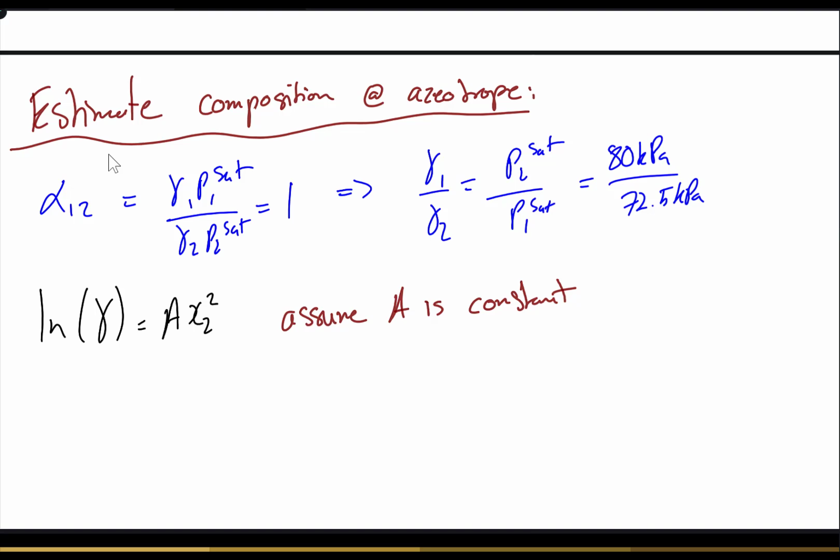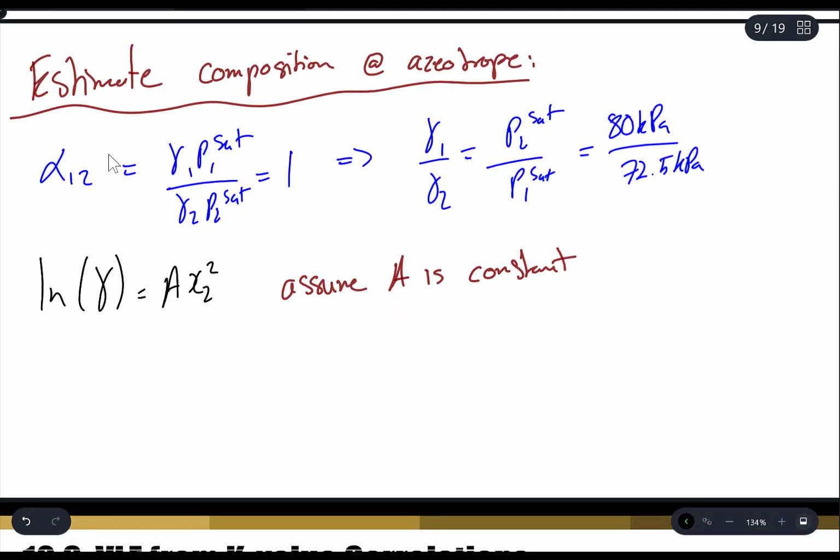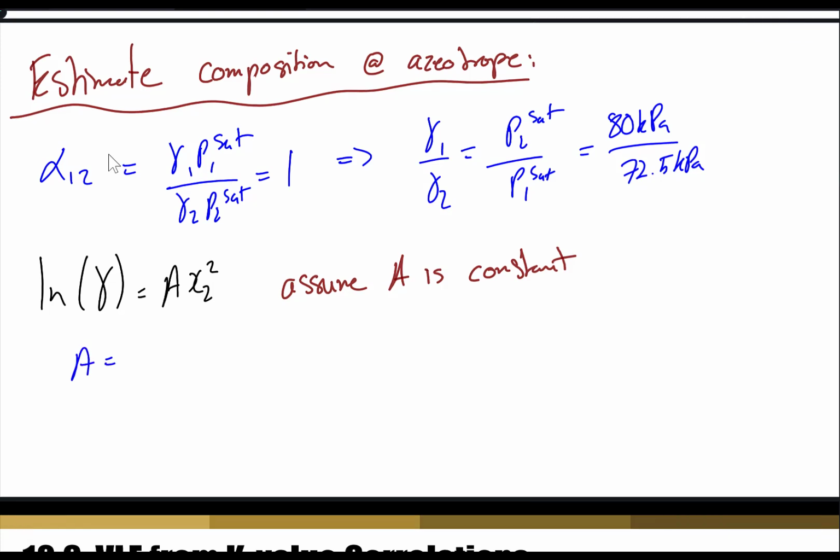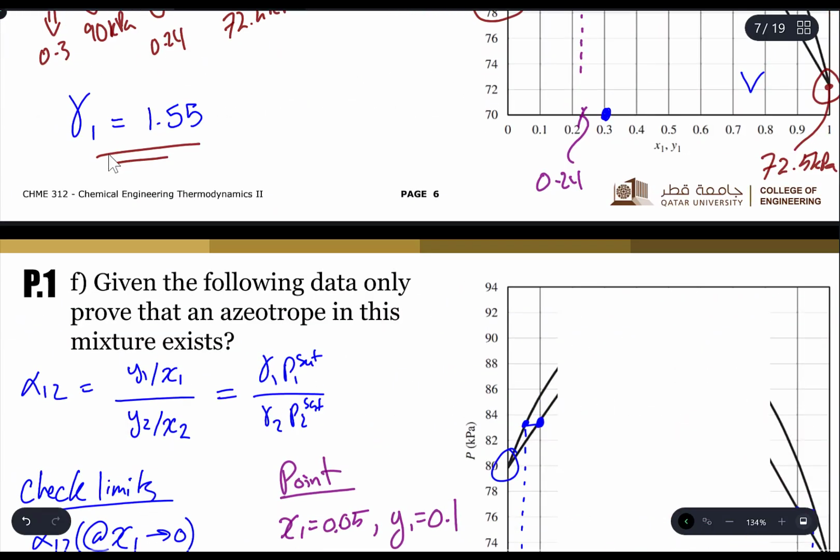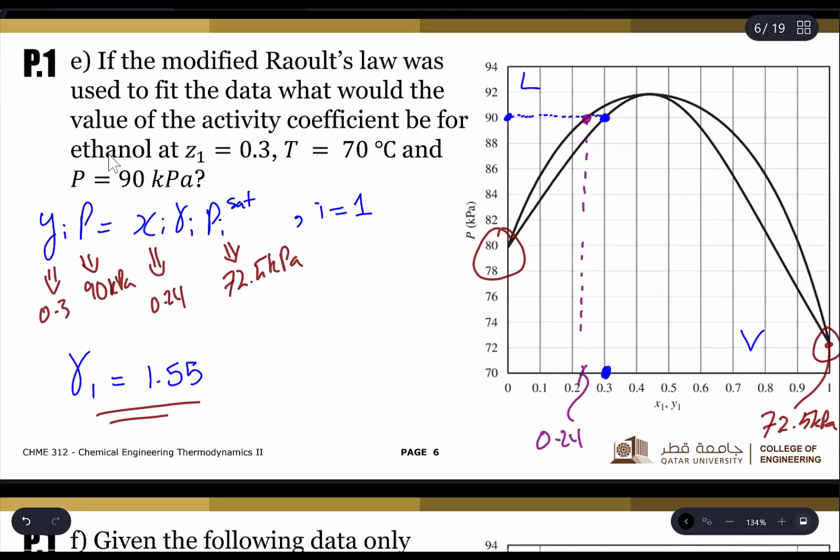So just to quickly show you here, A is going to equal natural log of gamma divided by x2 squared. What we could do is take a point where we already solved for gamma, 1.55, and take the x at that point and use it.